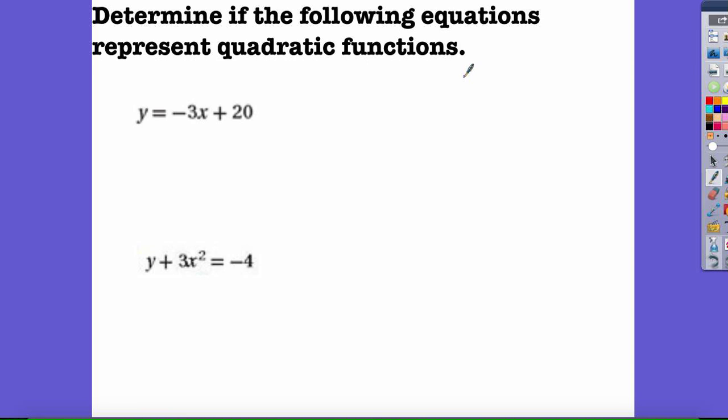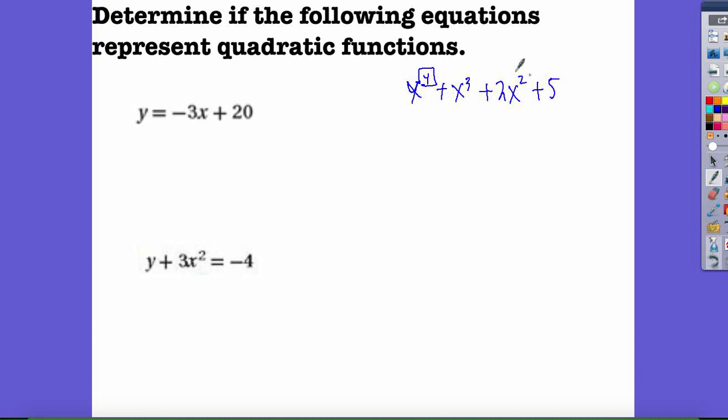From a graph, we have already spent time labeling different types of polynomials, and we should know that in order for something to be labeled quadratic, it has to have the highest exponent of 2. So if I have something like x to the 4th power plus x cubed plus 2x squared plus 5, because the highest exponent's not 2, it's 4, this cannot be considered quadratic.